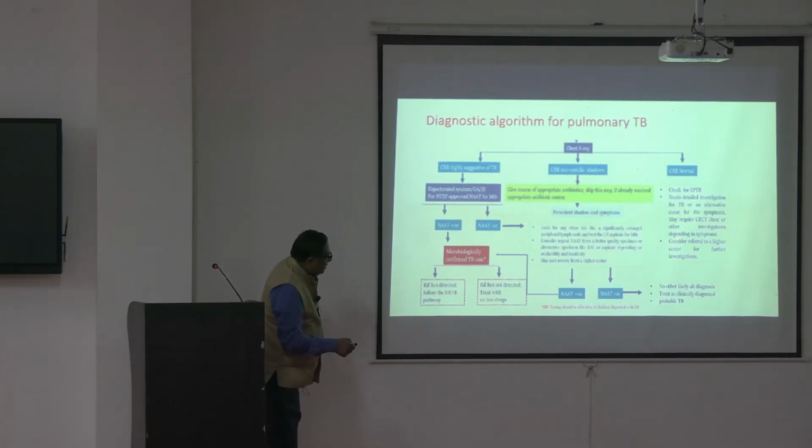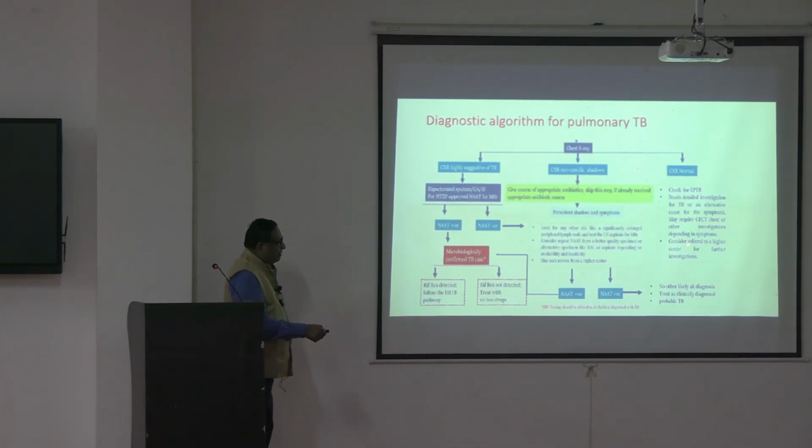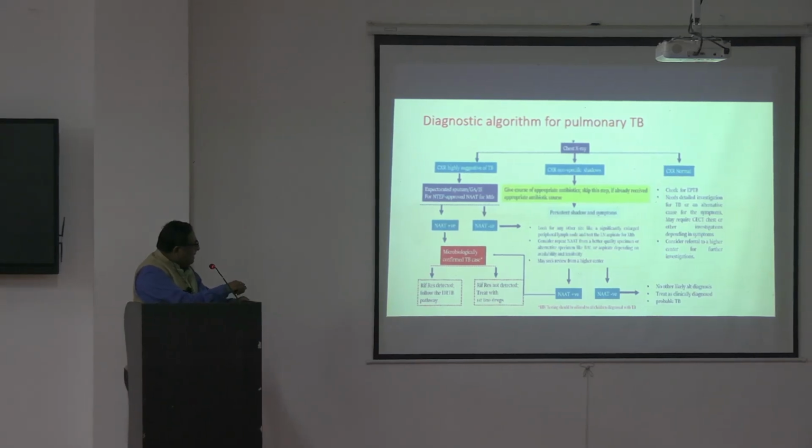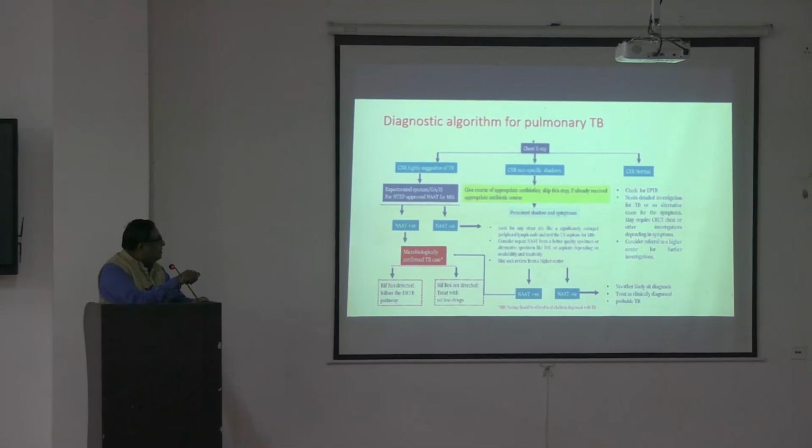We can repeat it or consider referring to a higher center for proper evaluation. In all TB cases we should do an HIV test. So here we can have a suspect case.